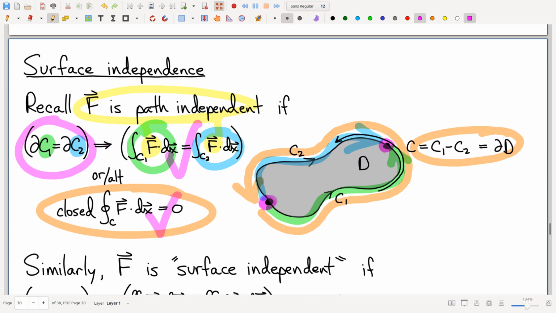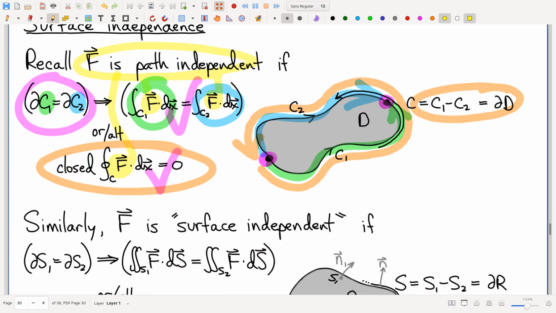So again, this is for path-independent vector fields, which most vector fields are not. But path-independent vector fields, these special vector fields that have, take your pick of either one of these properties, are surprisingly common in everyday experience.